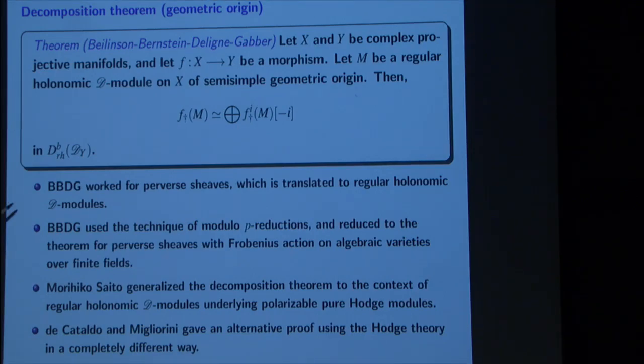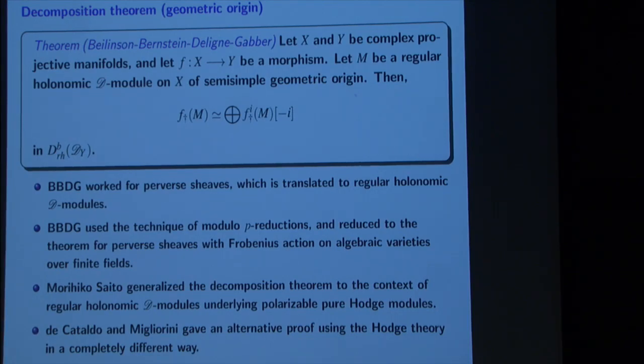Beilinson, Bernstein, Deligne, and Gabber worked with perverse sheaves, which is equivalent to regular holonomic D-modules, and they use the modulo p reductions, and so they go to the world of positive characteristic, and they applied the theory of perverse sheaves with Frobenius structures, and eventually they applied the Weil conjecture proved by Deligne. So the proof is very fantastic to me. It's a very deep and beautiful theorem in mathematics.